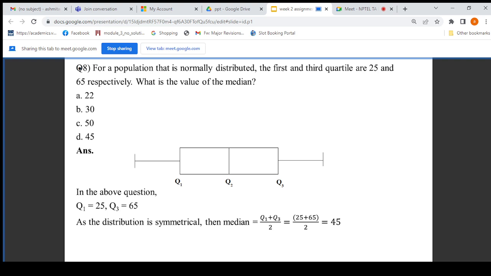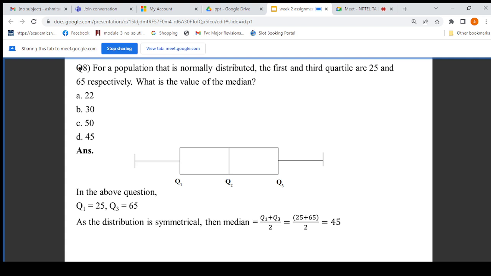Okay, so the first quartile value is 34 and the third quartile value is 69. The data are normally distributed, so what will be the value for the median?